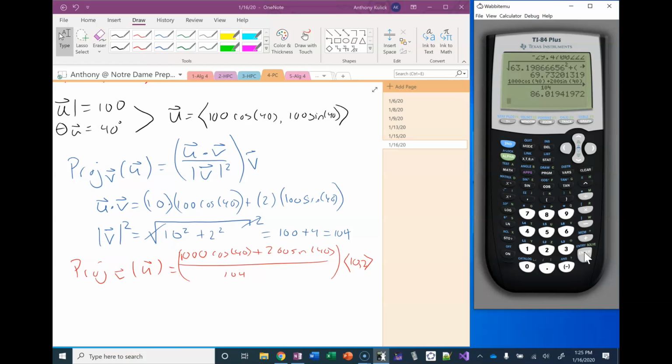So that gives me 86.02 for my x component. To the right, is that 10, 2? 10 comma 2, yes, that's my vector v. And then I'm going to do the same thing, except instead of multiplying by 10, I'm going to multiply it by the y coordinate, which is 2, which gives me 17.20. Everybody okay there?